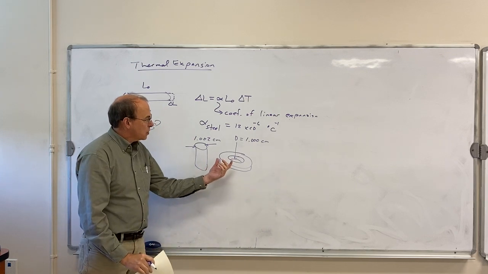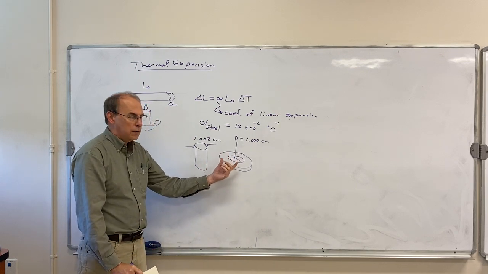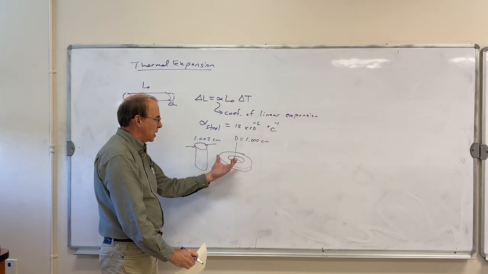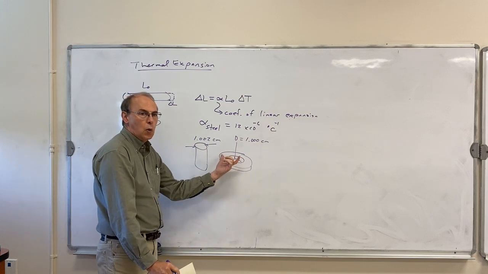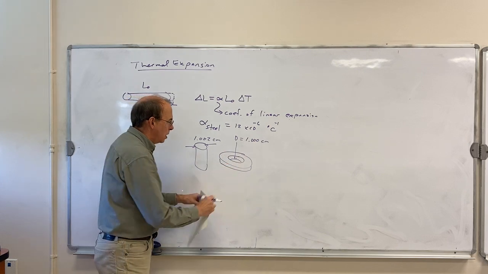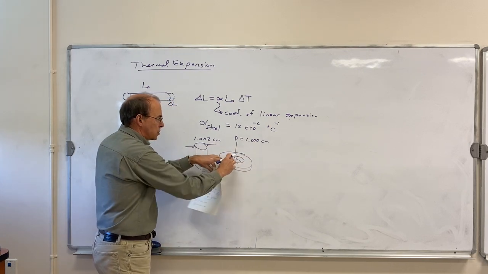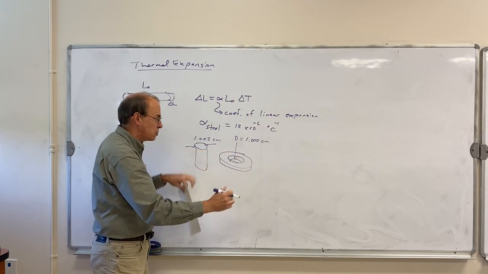Sometimes people do this to get a permanent connection. If you heat it up and expand it, the hole gets bigger, not smaller, because the molecules are getting further and further apart as you heat it.